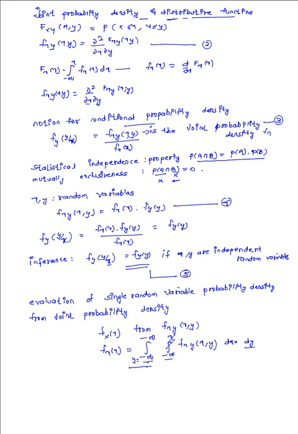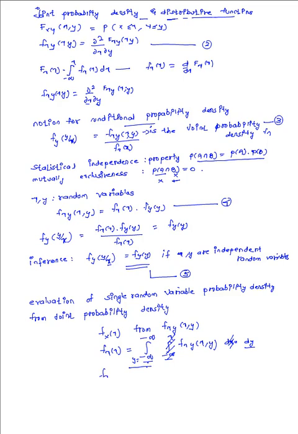The reason is that we are only calculating the probability density function with respect to x. That one is applied only if you are finding the probability distribution function with respect to x. Here it is the probability density function, so the second integral need not be applied.